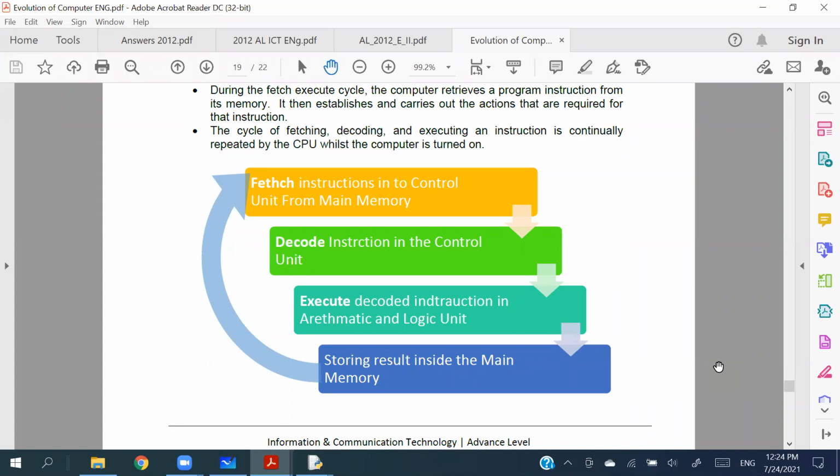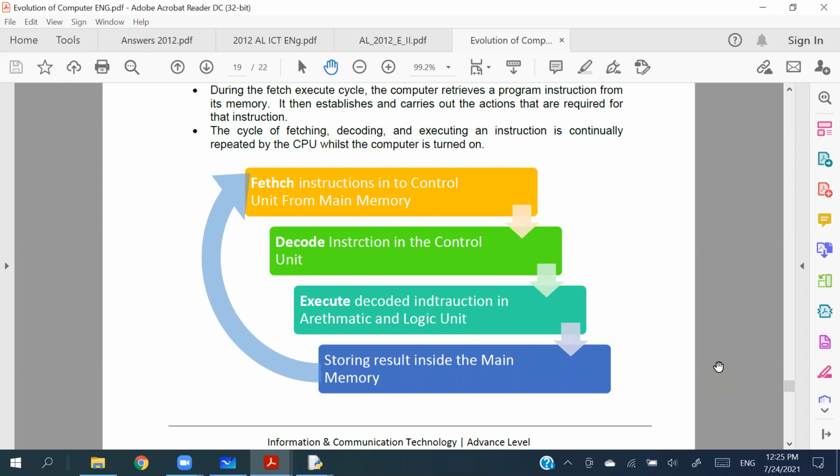Those decoded instructions are given to the arithmetic and logic unit. Then the result is stored inside the main memory again. So: fetching from the main memory, decoding the instruction, allowing the ALU to execute, then storing the result in the main memory.